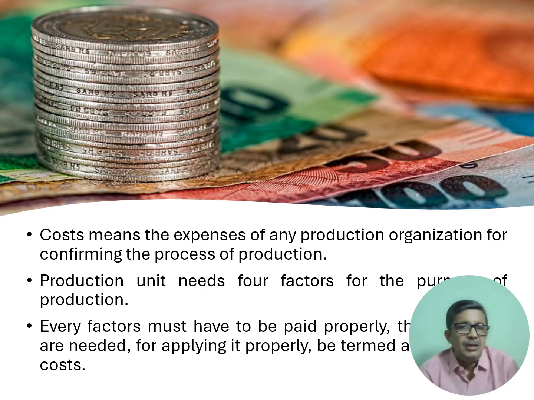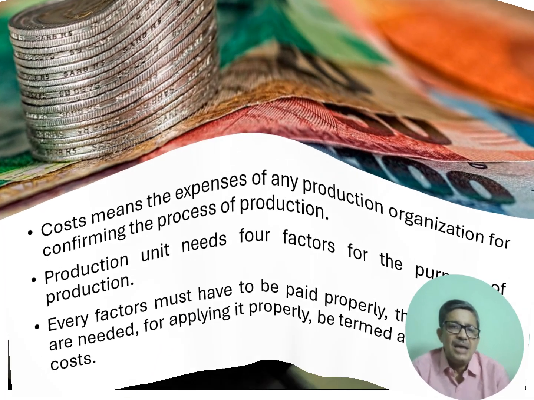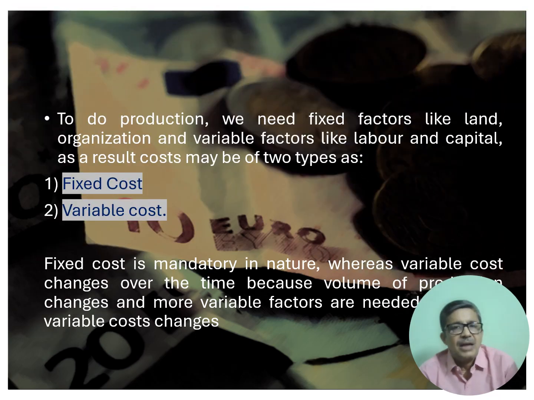For conducting processes of production, we need four factors: labor, capital, land and organization. Labor and capital are treated as variable factors, whereas organization and land are treated as fixed factors.